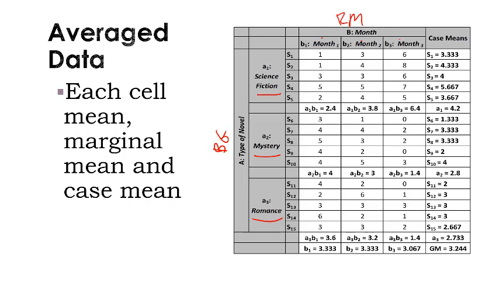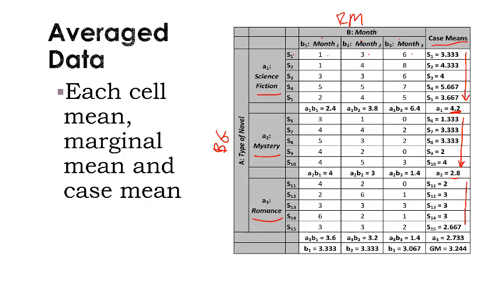And you can see, like any repeated measures, we have case means here because the same subject scores 3 times. So we're able to actually get a mean for subject 1. And then we can get a mean for A because those 5 people have a mean of 5.2. If we actually average their means down, we got a mean of 4.2. We can average these subjects down to have a mean of 2.8.